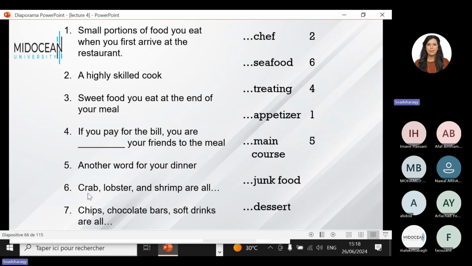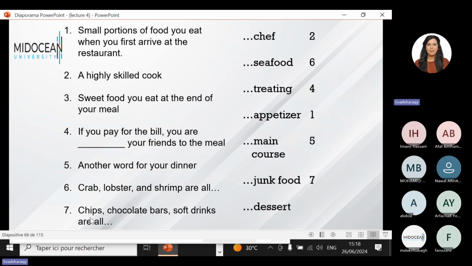Number 6, read. Carp, lobster, and shrimp are all seafood. Yeah, excellent. Number 7.